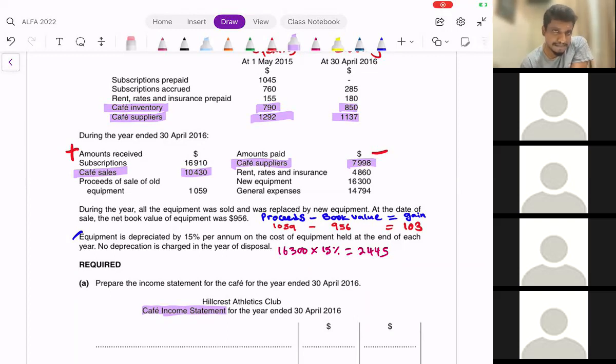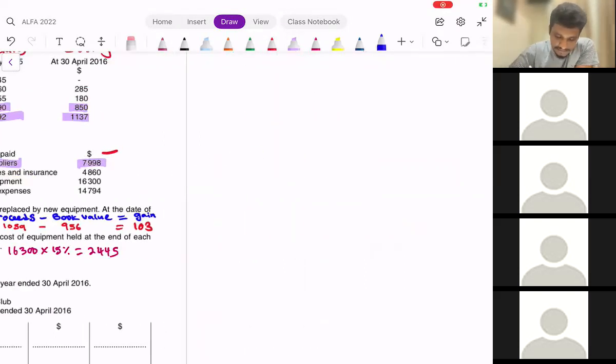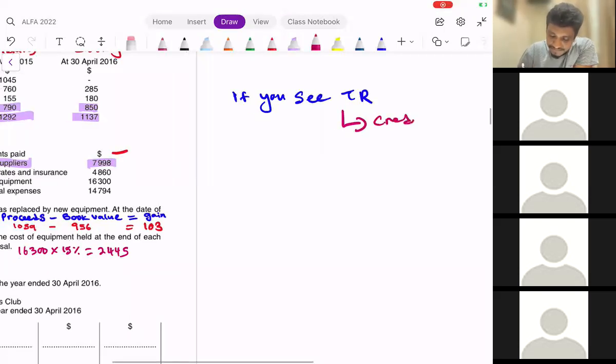But do you have purchases of cafe? The question didn't give me purchases of cafe. Yes, remember this. If you see trade receivable, that particular question definitely will have credit sales.